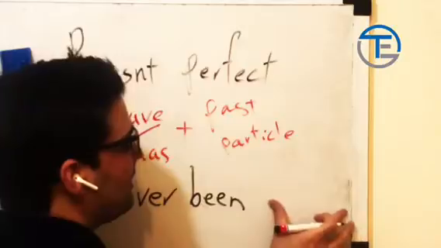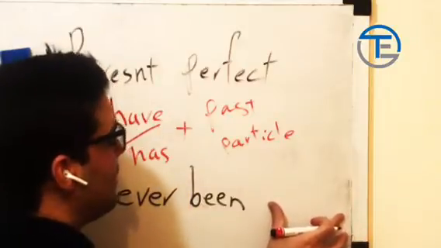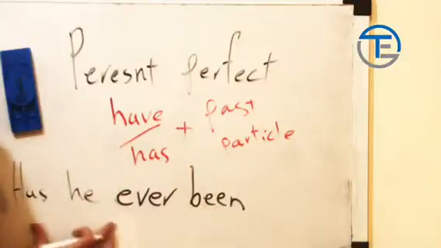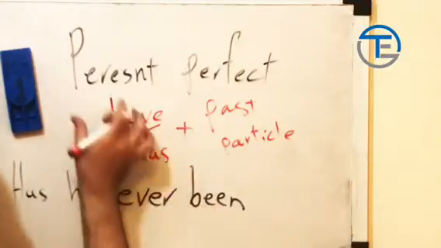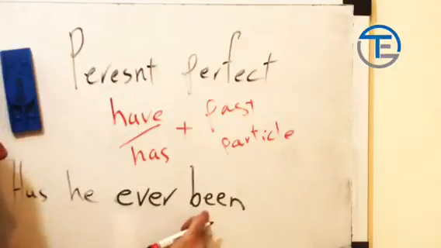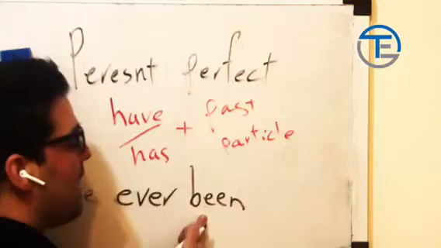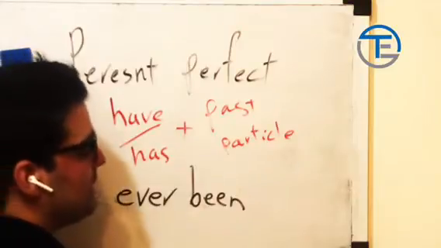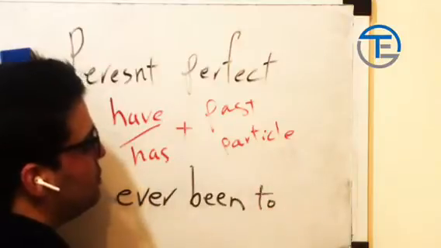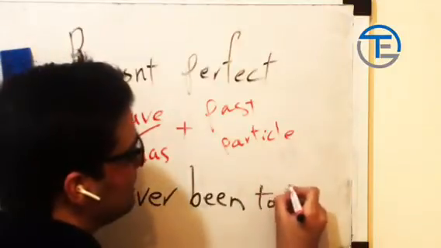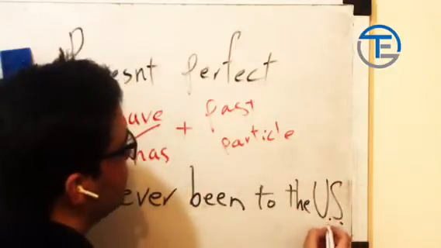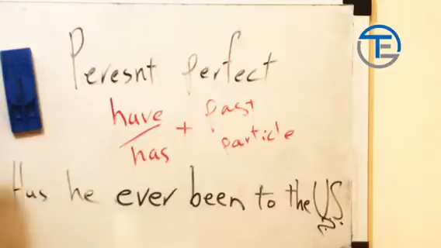You can write anything here. If you want to make a question with present perfect, we have has and past participle. Has he ever been to, for example, the US, and question mark, okay?